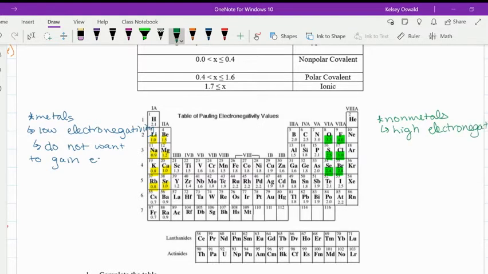That means they have a very good ability to gain electrons. So what type of bond we form between our elements is all going to depend on that difference in electronegativity. How much more does one element want that electron than the other?